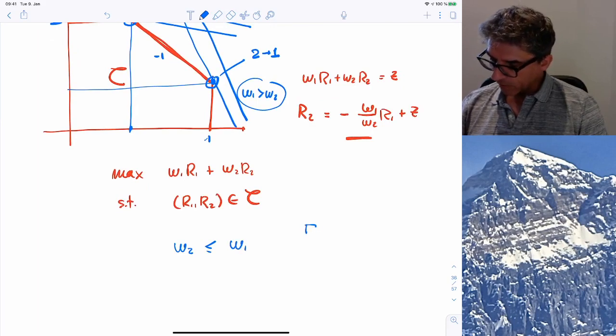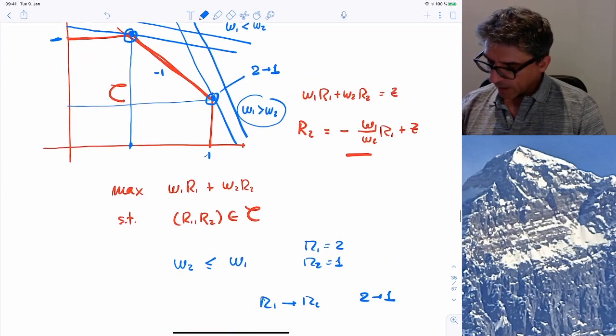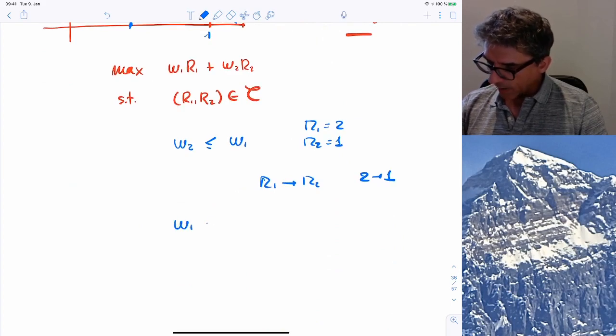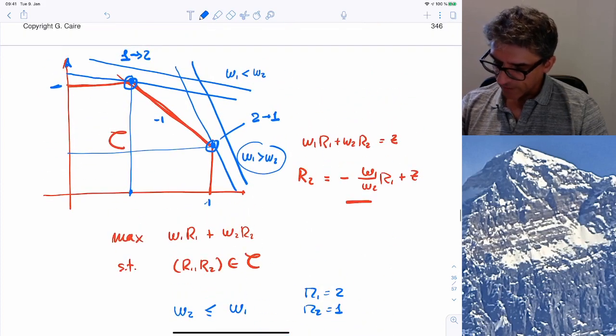So the permutation is pi 1 equal to 2, pi 2 equal to 1, and the decoding order is precisely pi 1, pi 2, so it's the order 2, 1, which is exactly what I have written here. In the other case, W1 is less than W2, the permutation is just the identity permutation, pi 1 equal to 1, pi 2 equal to 2, and again, the decoding order is pi 1, pi 2, which in this case is 1, 2, and this corresponds to the other vertex.